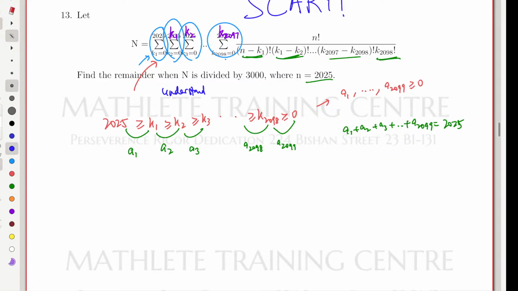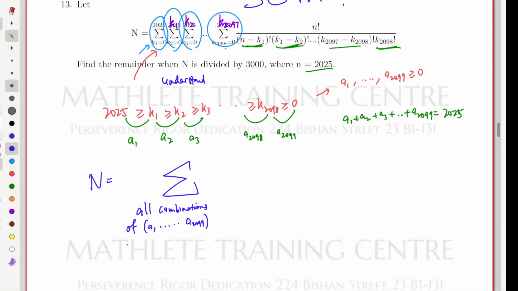So therefore, n itself is the sum of all combinations of A1 up to A2099, satisfying their sum is 2025. Okay. In English language, this is what this symbol means. Sum of all combinations of these 2099 tuples of numbers satisfying their sum being 2025.